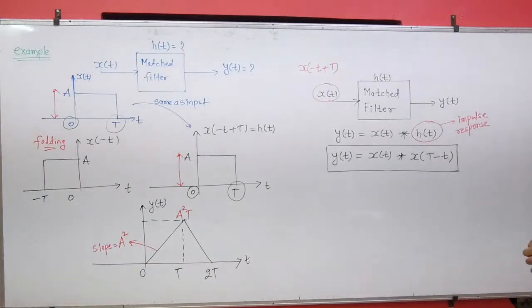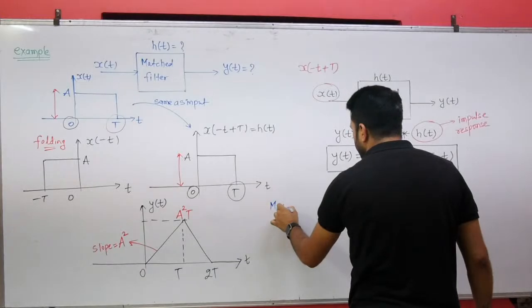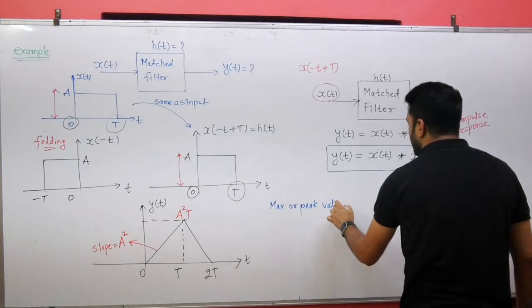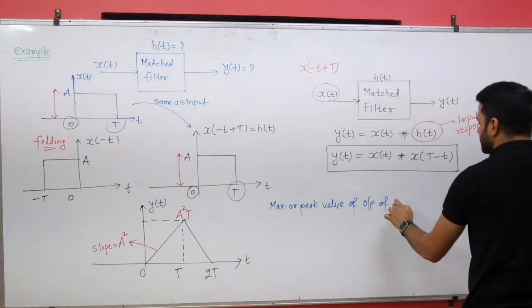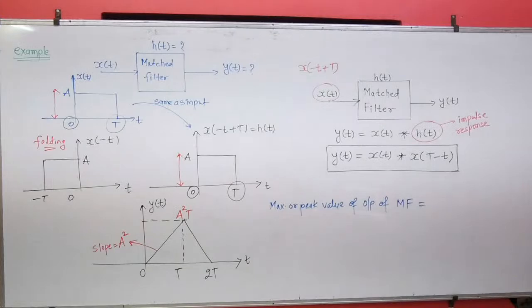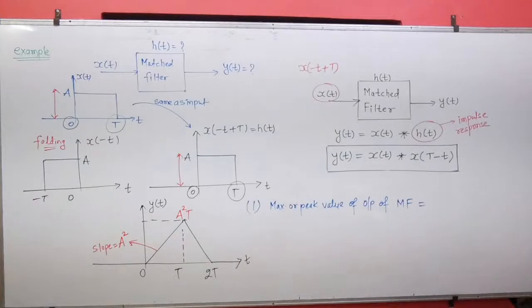So what is the maximum amplitude of the output signal? Tell me, the maximum or peak value of the output of the match filter. What is that value?